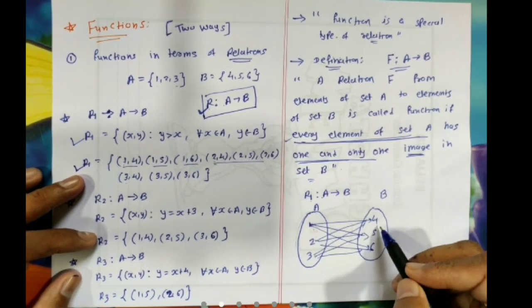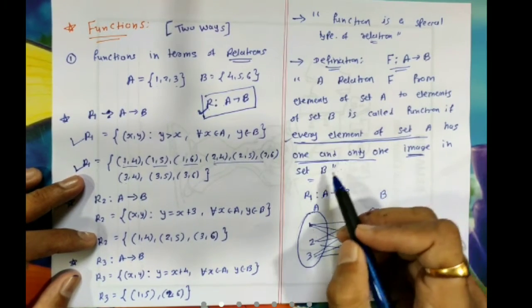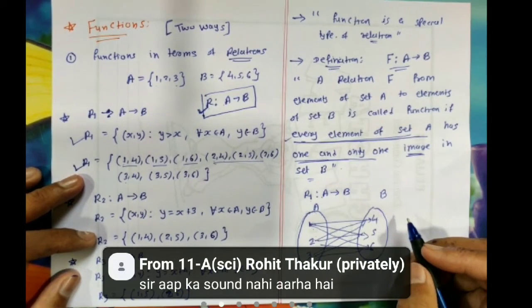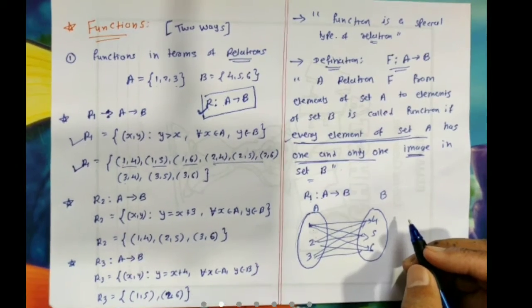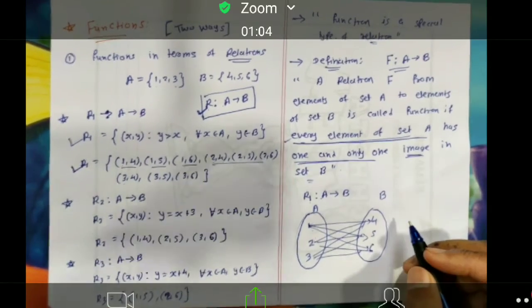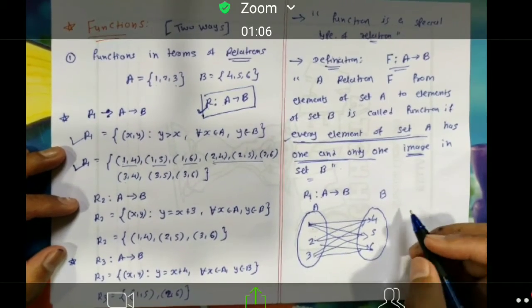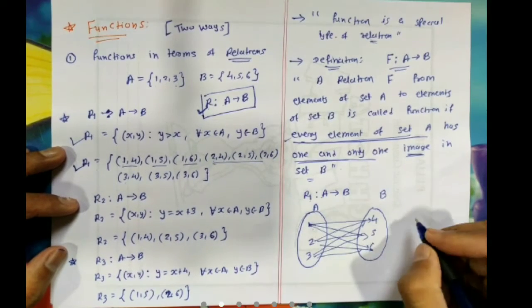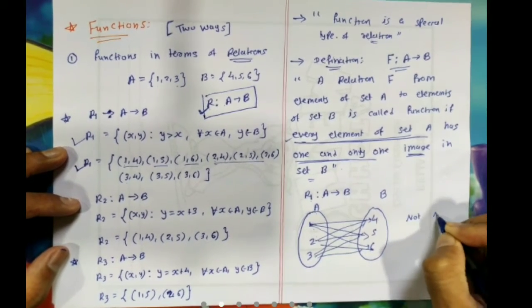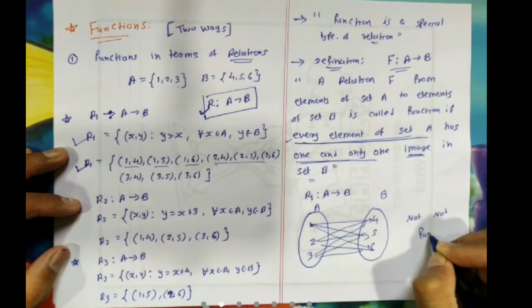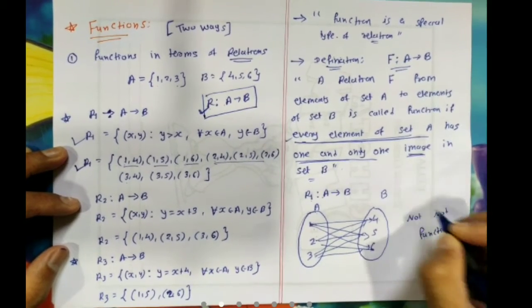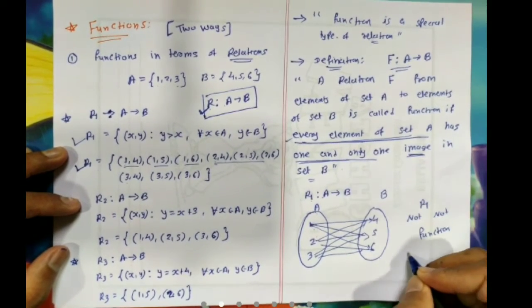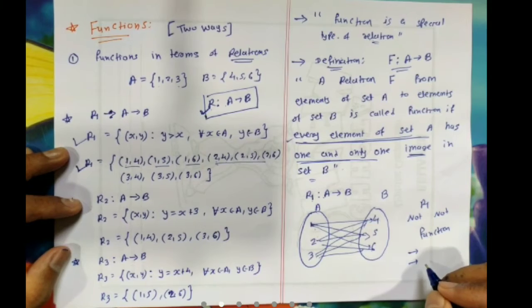So more than one image is there, and the second condition is not fulfilled. So we can say that relation R1 is not a function.